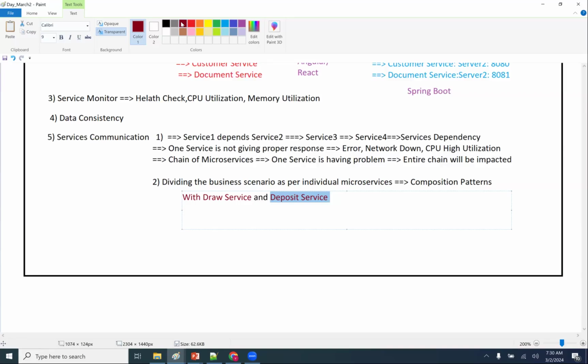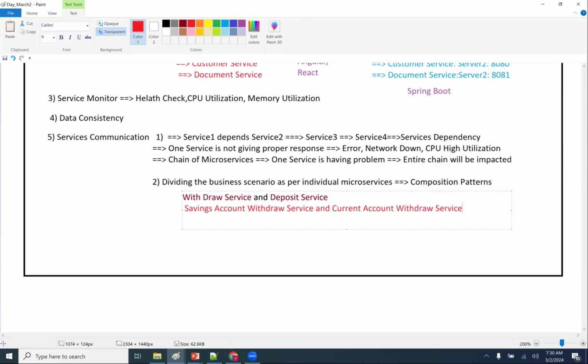Sir, in business, the savings account withdraw service is different and the current account withdraw service is different. Will you agree to my point, guys? Savings account withdraw service and current account withdraw service, yes or no?